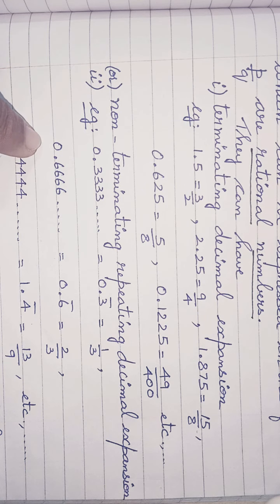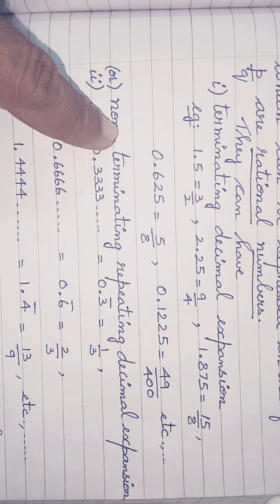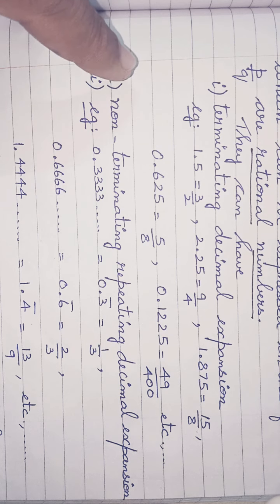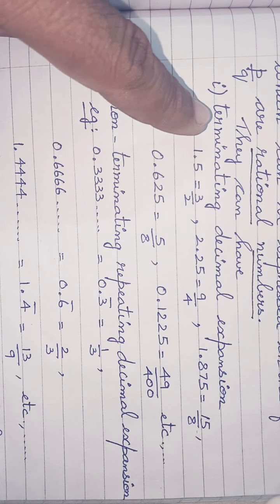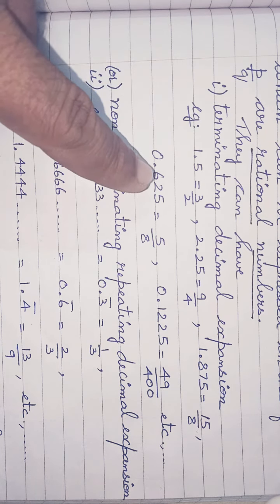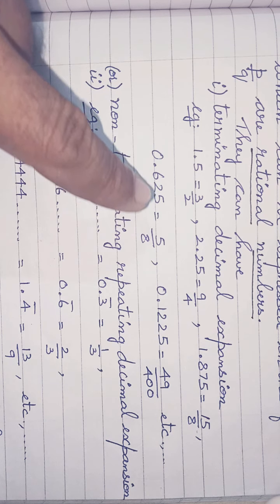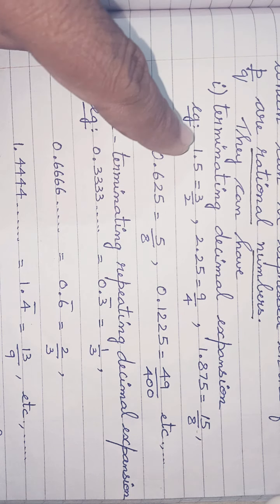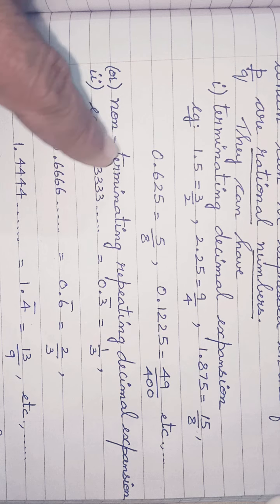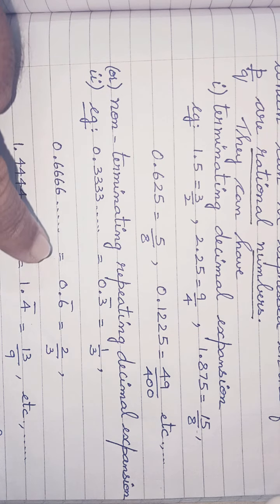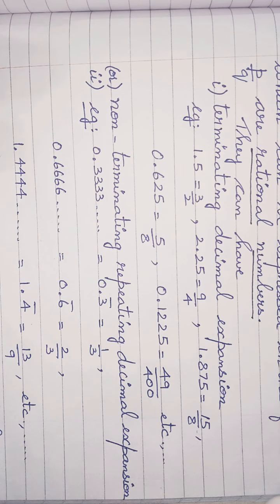These type of numbers also come under rational numbers. In general, any number with a decimal expansion which can be written in the form of p by q is a rational number.